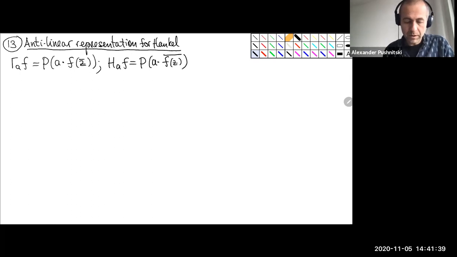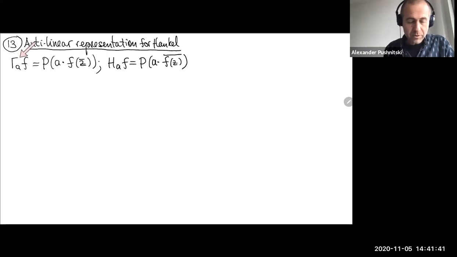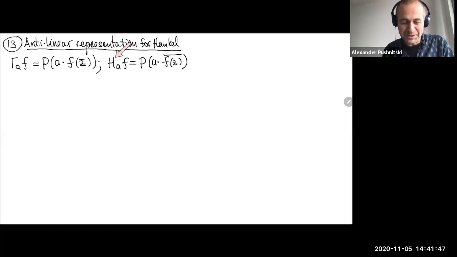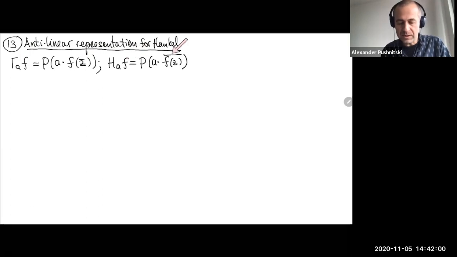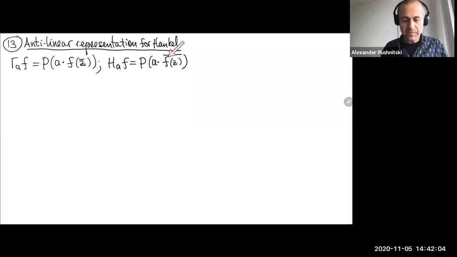These are Hankel operators, right? Let's make this distinction. The first Hankel operators are linear, and the second Hankel operators are antilinear, because if you multiply f by a constant, this constant gets complex conjugated. Okay, so what is the difference between these guys?